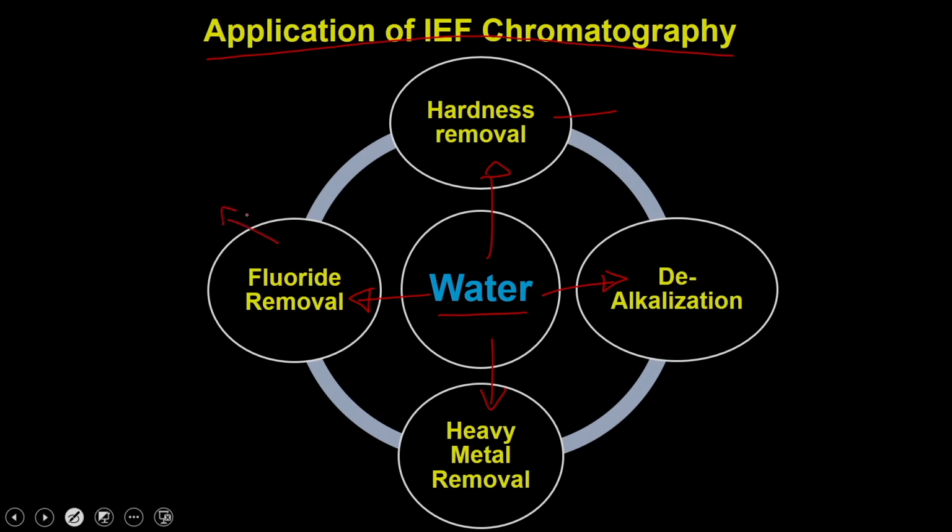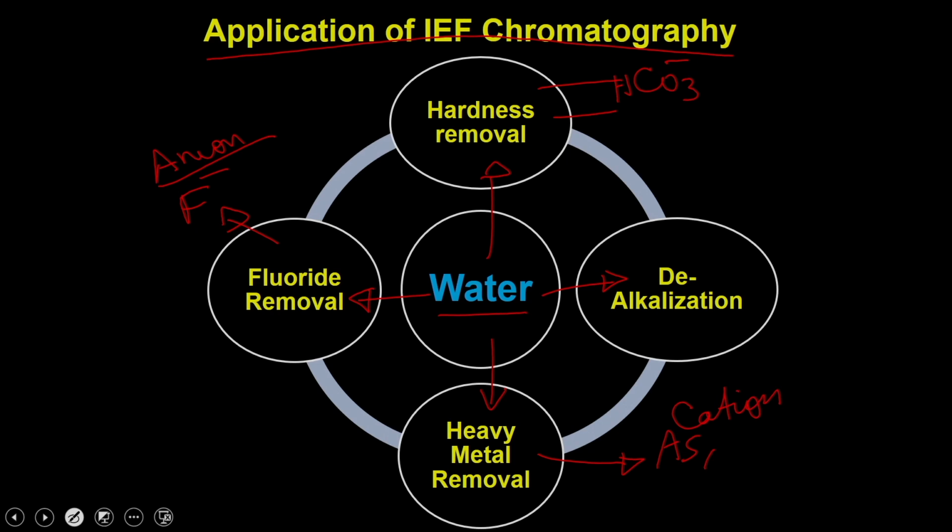Fluoride is negatively charged, whereas hardness is because of carbonates and other types of molecules, and heavy metal contamination is because of arsenic or other heavy metals.